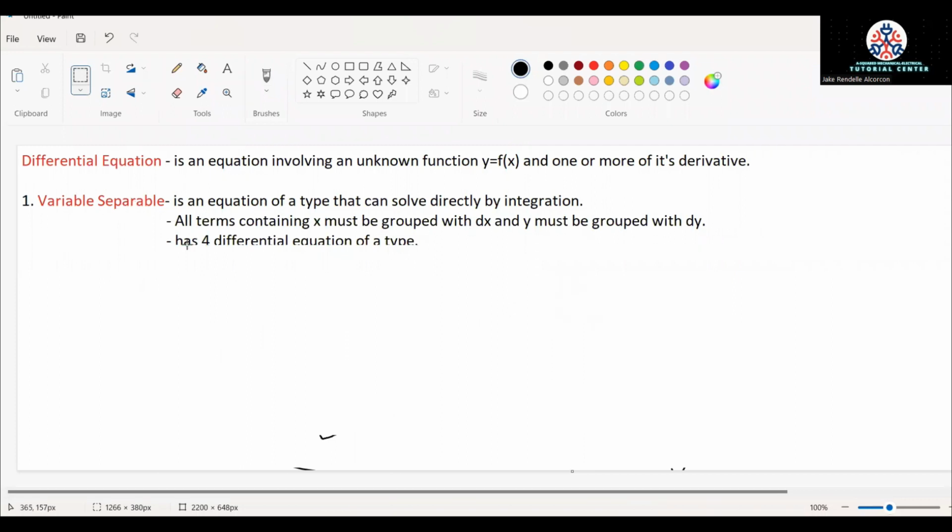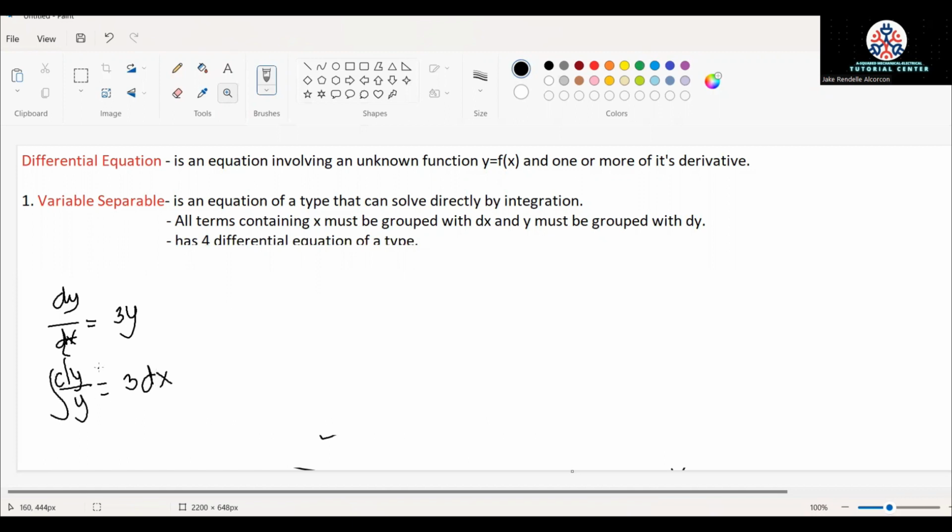So let's try to solve dy over dx equivalent to 3y. Let's group the terms containing x with dx: dy over y equals 3 dx.